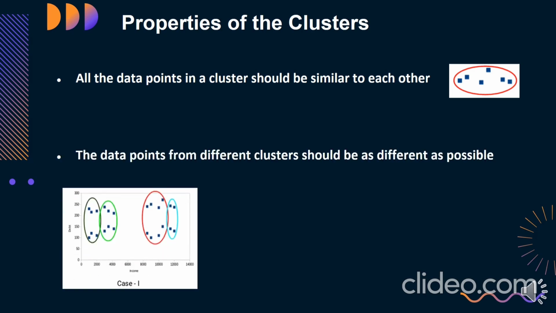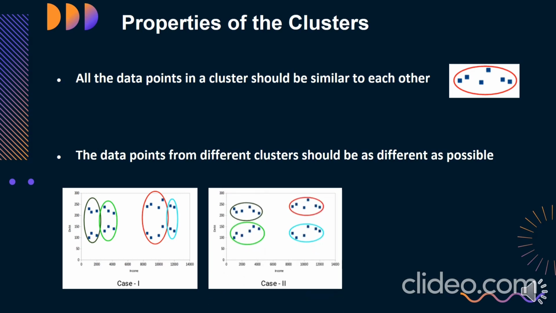The second important property of clusters is that the data points from different clusters should be as different as possible. The image shown in this slide would help us understand this point better. In this first case, the points in the first and second clusters and the third and the fourth clusters are visibly not as far away as to make these clusters truly differentiable.